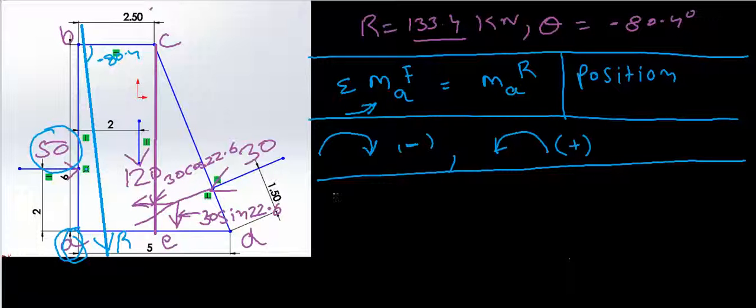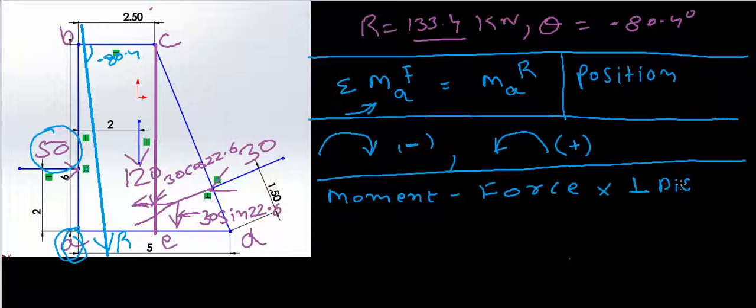And we know that moment is nothing but force multiplied by the perpendicular distance between the force and the point in consideration, in this case A. Alright, now let's start.